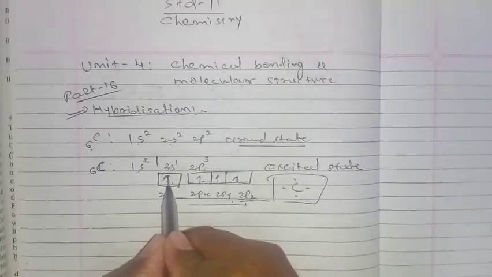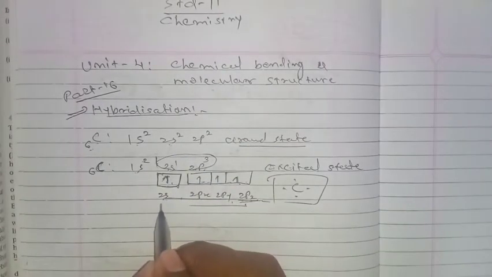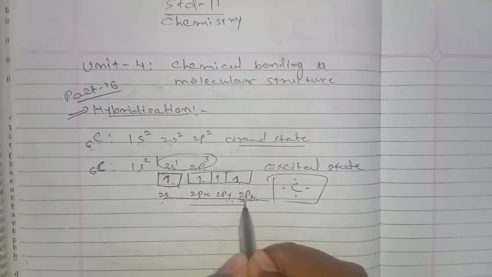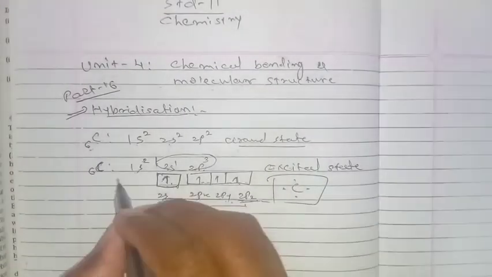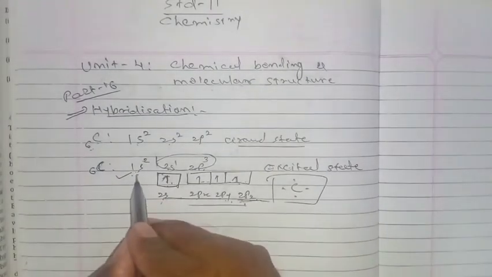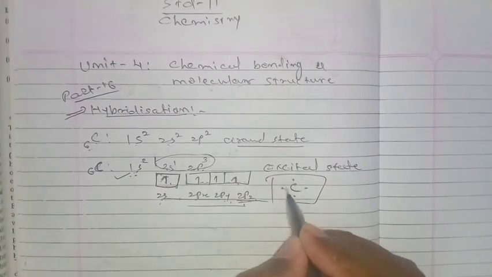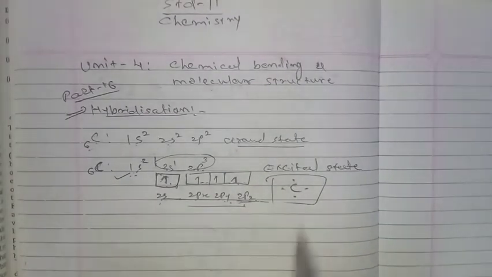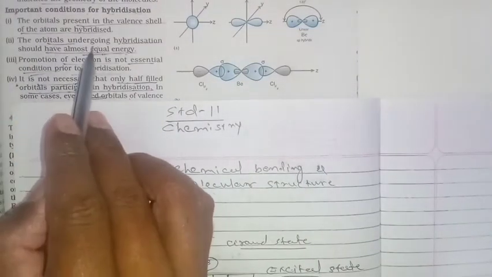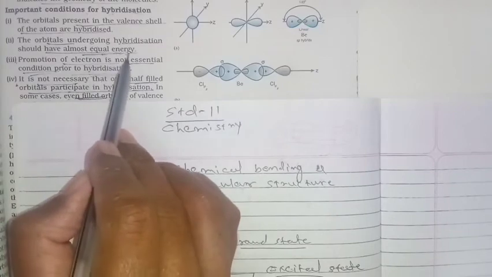That means here in the valence shell there are 4 orbitals, 2s, 2px, 2py and 2pz, and they participate in the hybridization. Carbon has tetravalency.